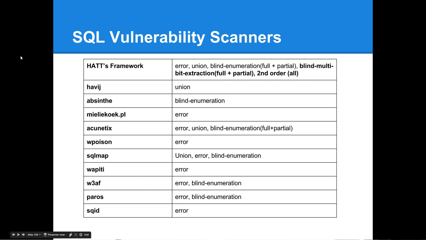So there are a number of vulnerability scanners that can detect some categories of SQL injection, but most of them, as far as I know, do not detect all of them. Until now, we're releasing a framework that thoroughly checks for every single category, including second order instances, and will recursively check and detect.